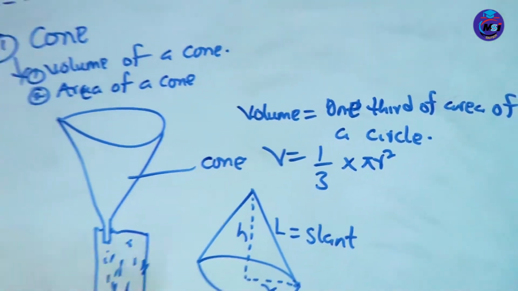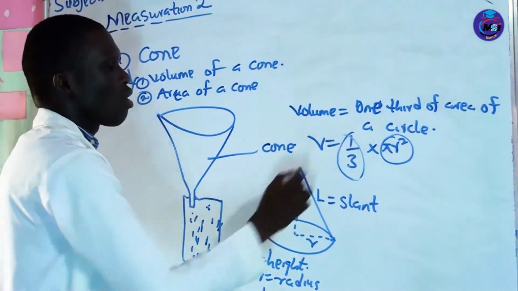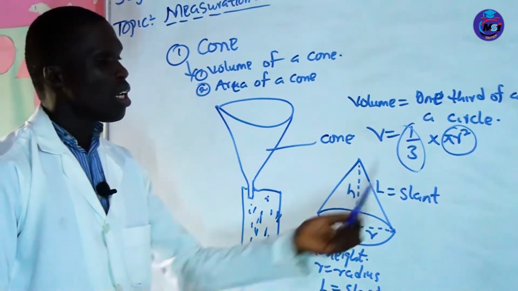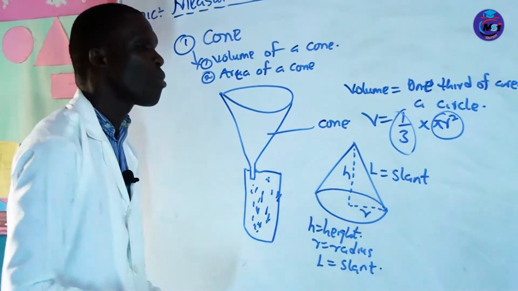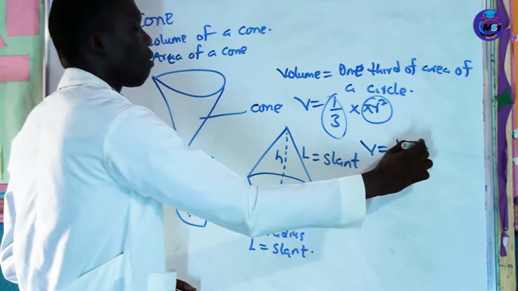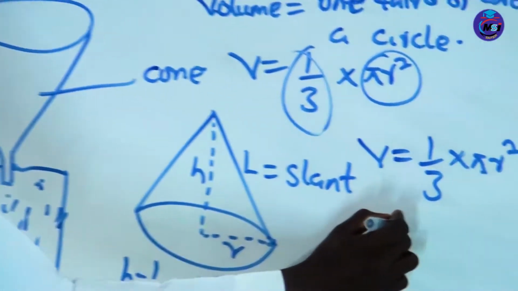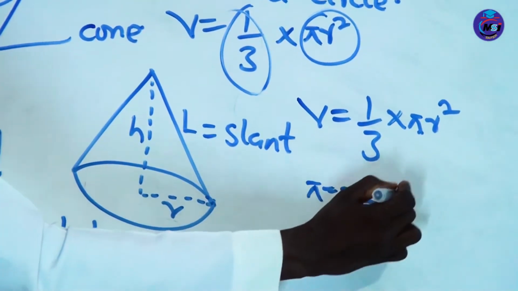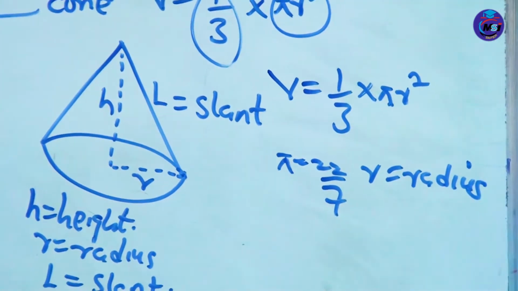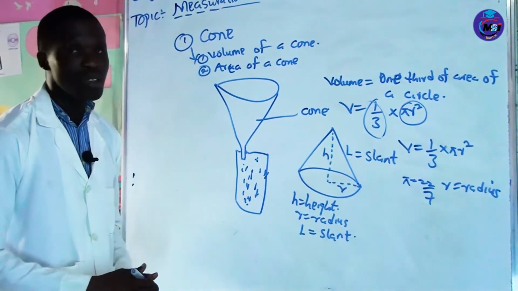You remember that pi r squared is the area of a circle, and this is 1/3. So for you not to forget easily, you can put it in this form. You know your pi is 22/7, and r is radius.